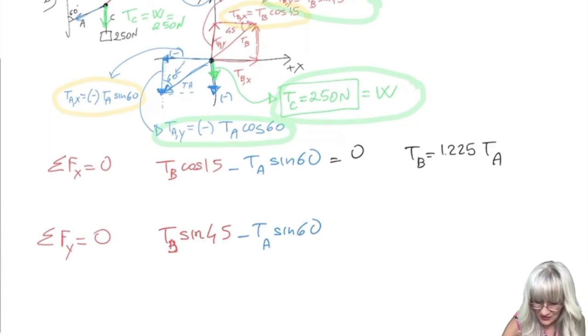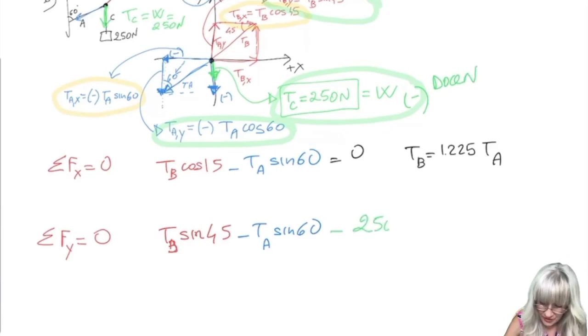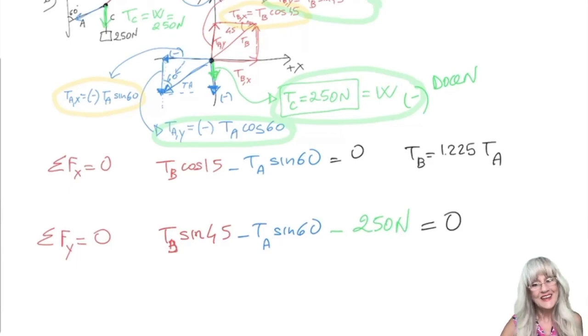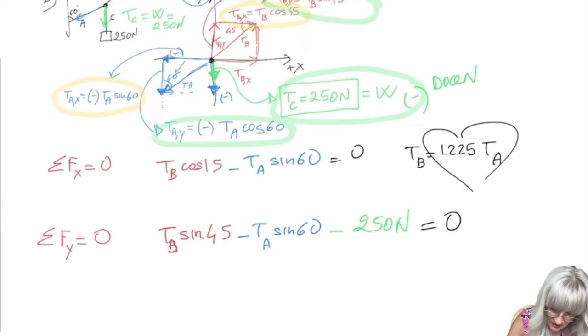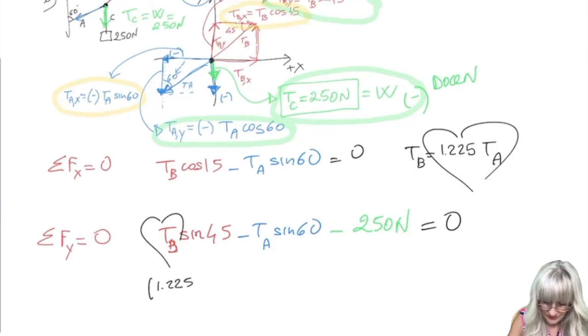And then, this is also negative pointing down, minus 250 Newton equals 0. Exactly like we did before. You remember this heart shape is T of B. So I'm going to plug in, and the rest stays the same.